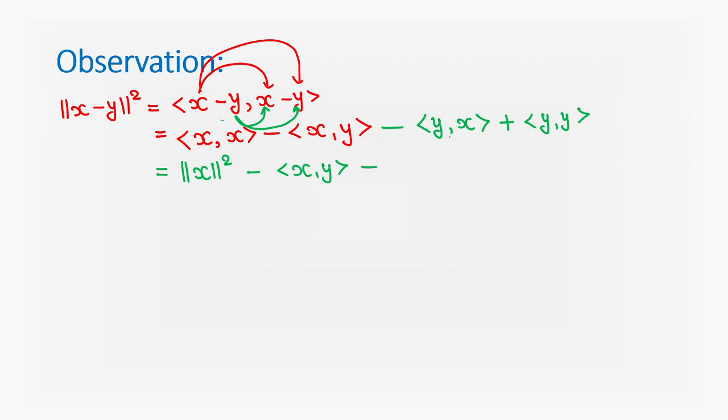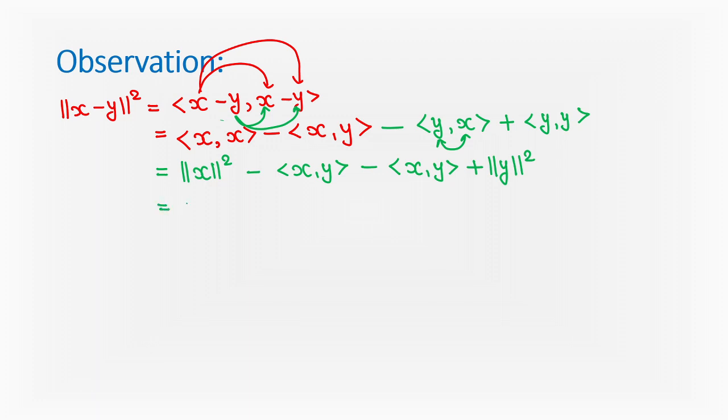What we have learned for real is that interchanging these two will not affect the answer. So I will just interchange it because I have something similar. The inner product of y with y can be written as the norm of y, the whole square.